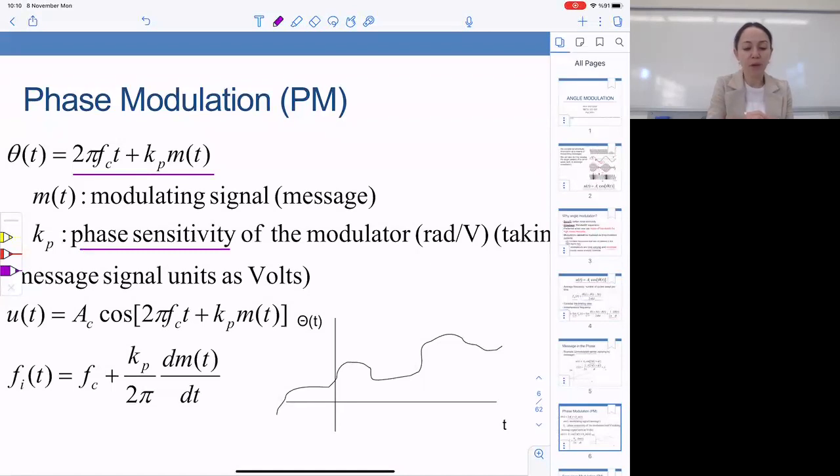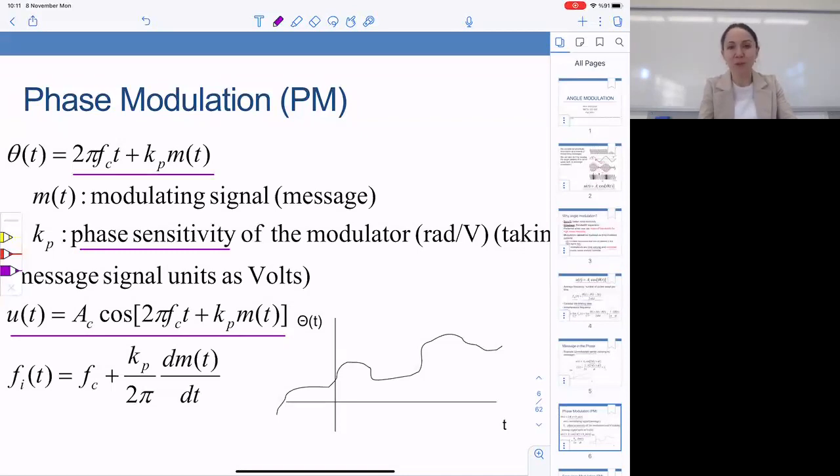And then we put it on top of a 2 pi fc t linear phase component, basically. So what we obtain is the modulated signal Ac cosine of 2 pi fc t plus kp m of t. So the message is directly put in as an additive term into the phase of the sinusoid.